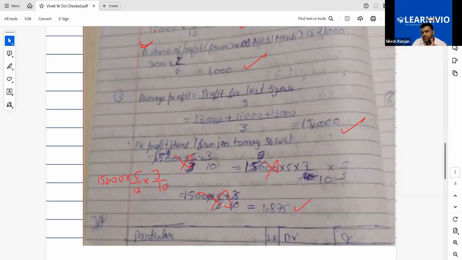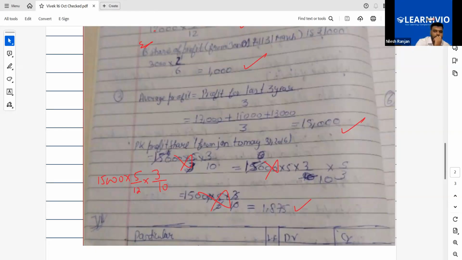Why did you use 3 as the denominator? I used 3 because it is given somewhere. That's why I used the 3 weights.